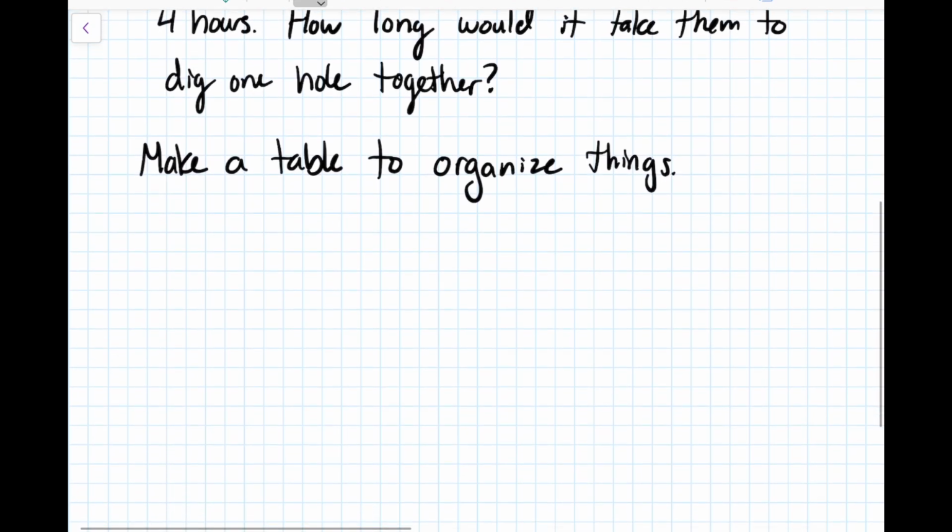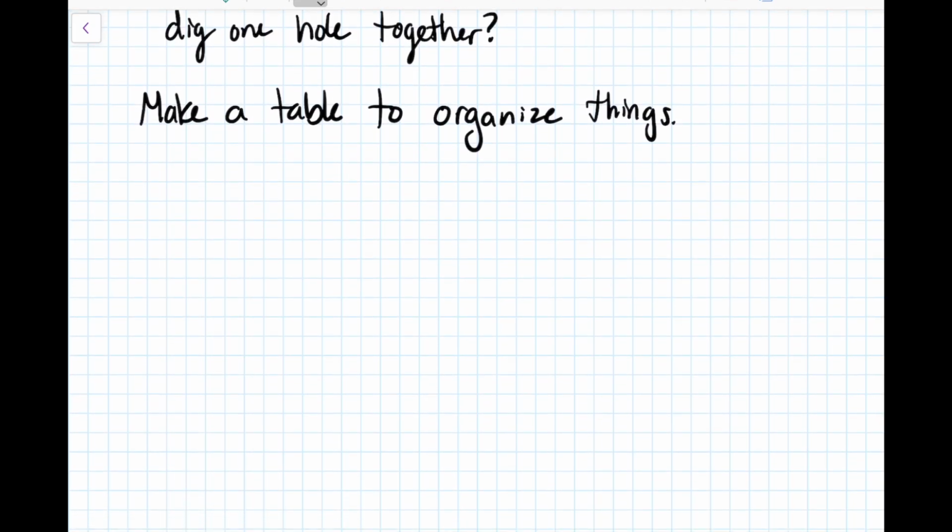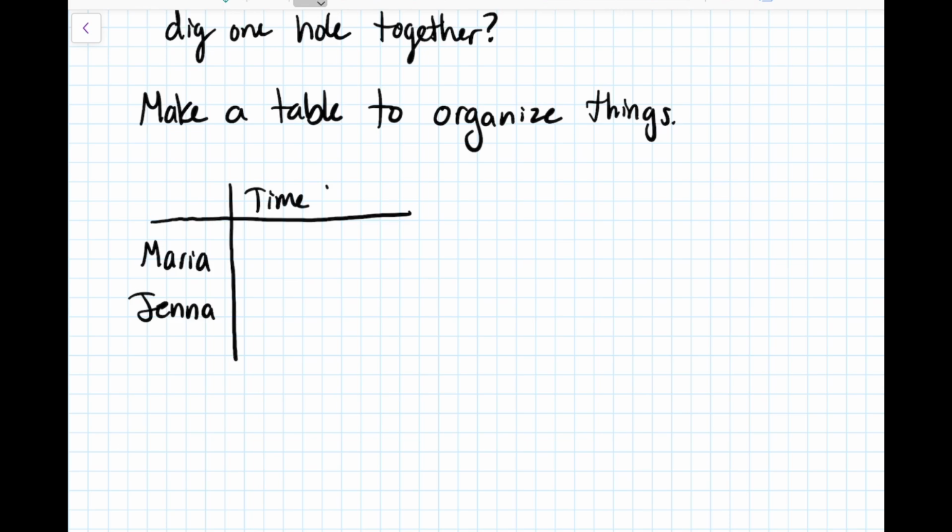So let's lay out what we know. We've got two people, Maria and Jenna. So that's going to be our first column. So Maria and Jenna. And then we know the time that it takes them to dig one hole.